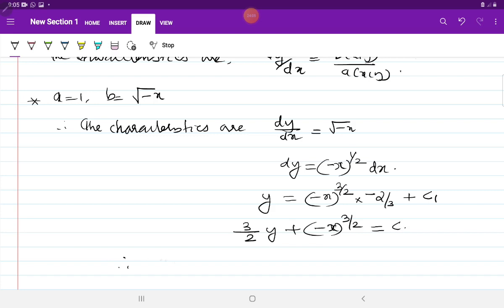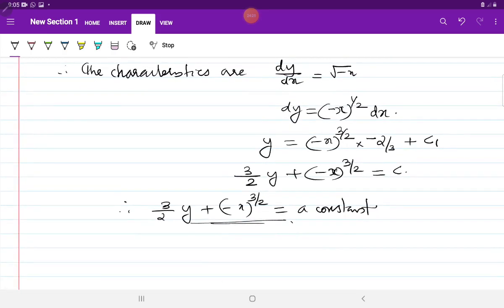Therefore the characteristics are given by 3 by 2 y plus minus x raised to 3 by 2 equal to a constant, and u equal to a constant on these lines. These are the characteristics in the given problem.